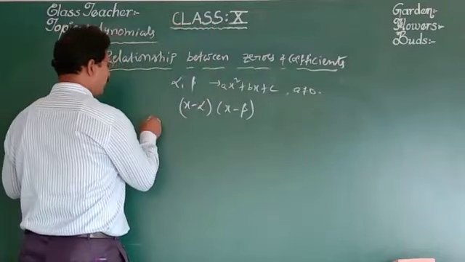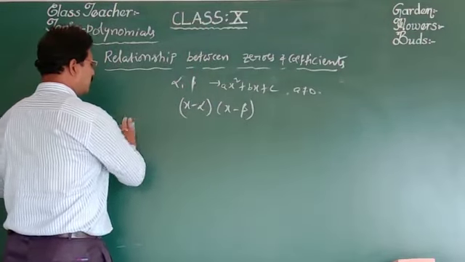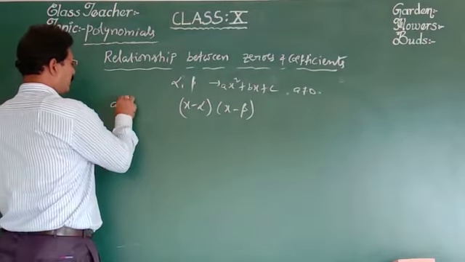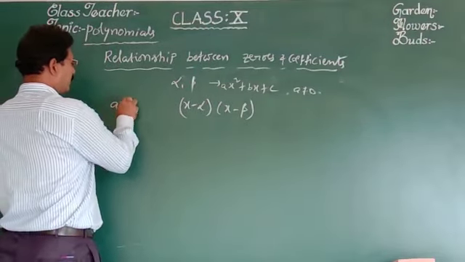Ax square plus bx plus c is equal to some constant k into x minus alpha into x minus beta, where k is some constant.